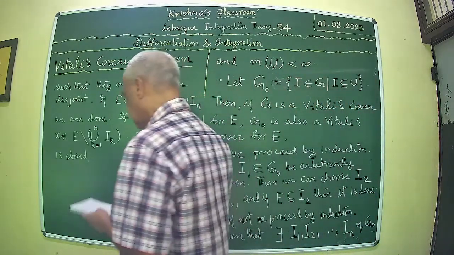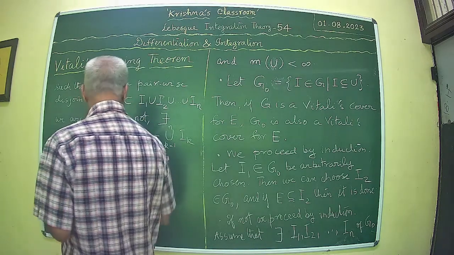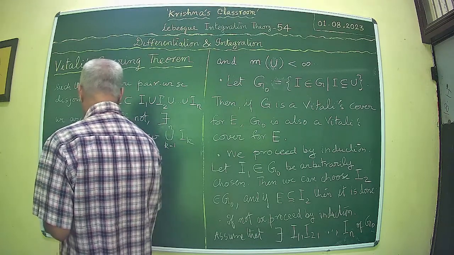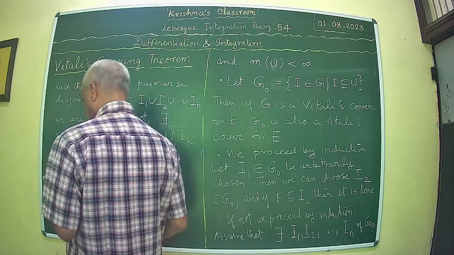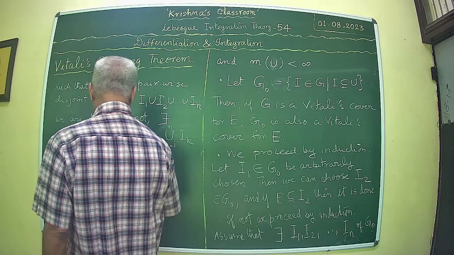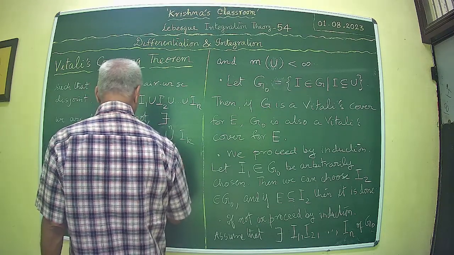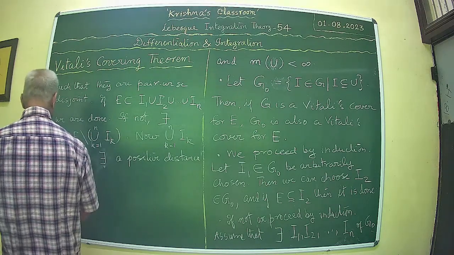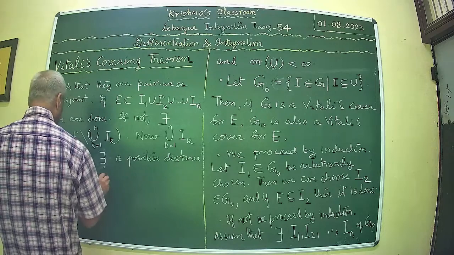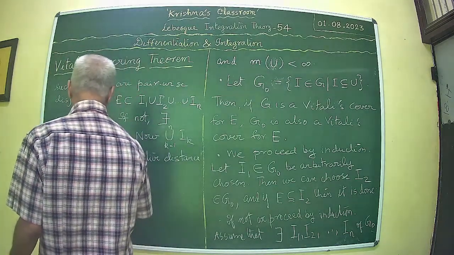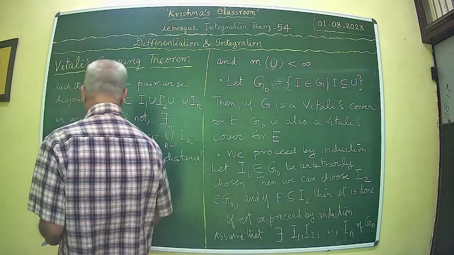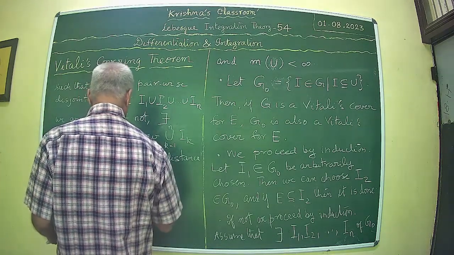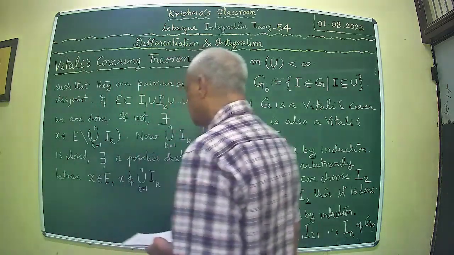Okay. There exists a positive distance between x belonging to E, but x does not belong to the union.